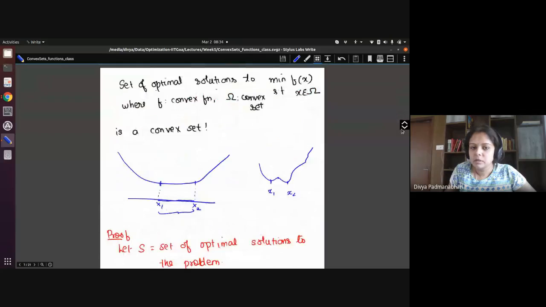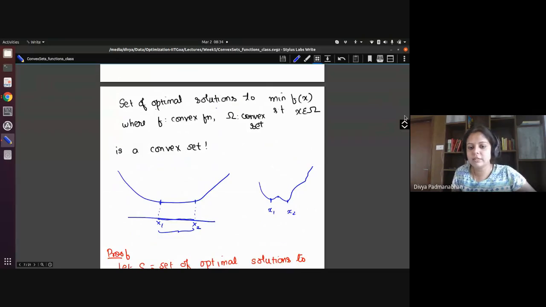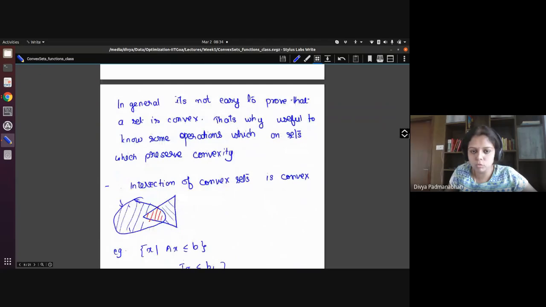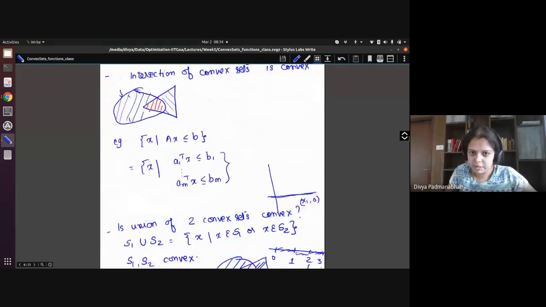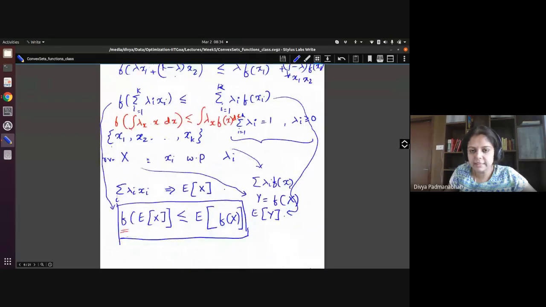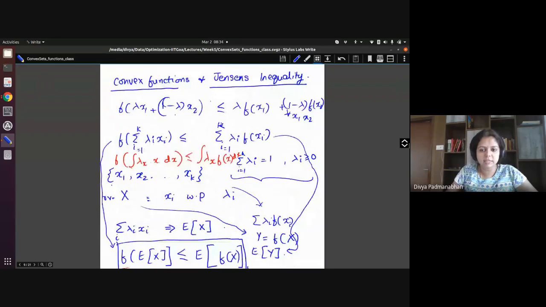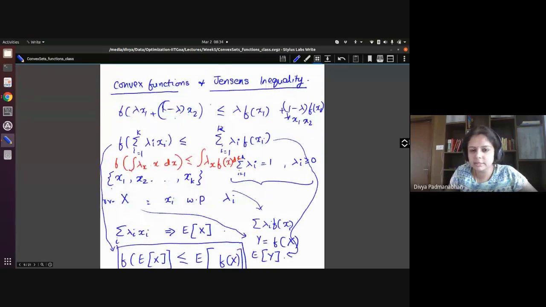Then we also saw that the set of optimal solutions to this kind of convex problem is itself a convex set. It was a simple proof, and we saw some operations which preserve convexity. In the last class we were doing Jensen's inequality, which is just an extension of the definition of convex functions to infinite dimensions.